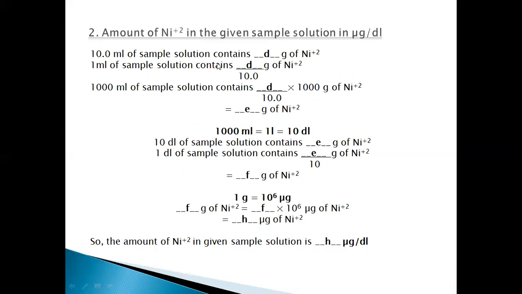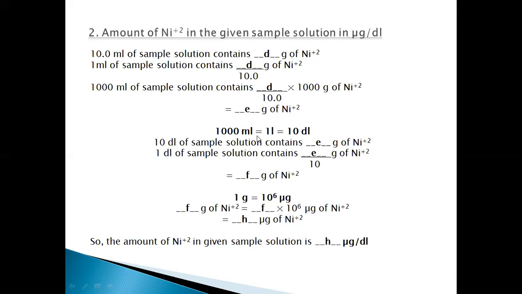Then 1 ml of sample solution contains D divided by 10 gram of nickel. We can calculate grams of nickel in 1000 ml. So 1000 ml of sample solution contains D divided by 10 multiplied by 1000. If you multiply and divide all these values, suppose the answer is E, and this E is actually grams of nickel present in 1000 ml of sample solution.